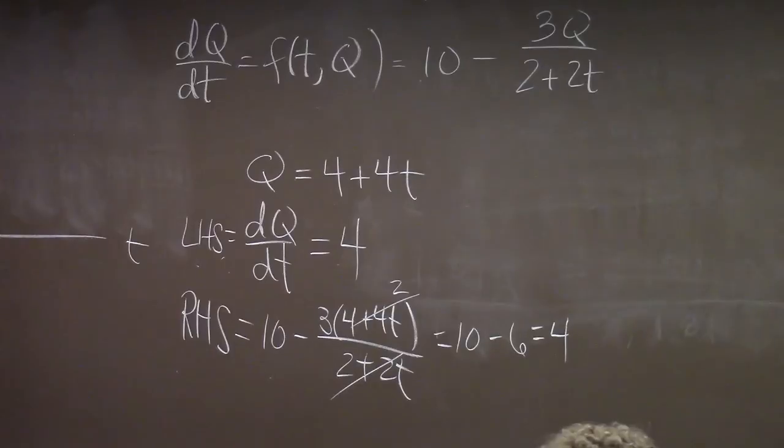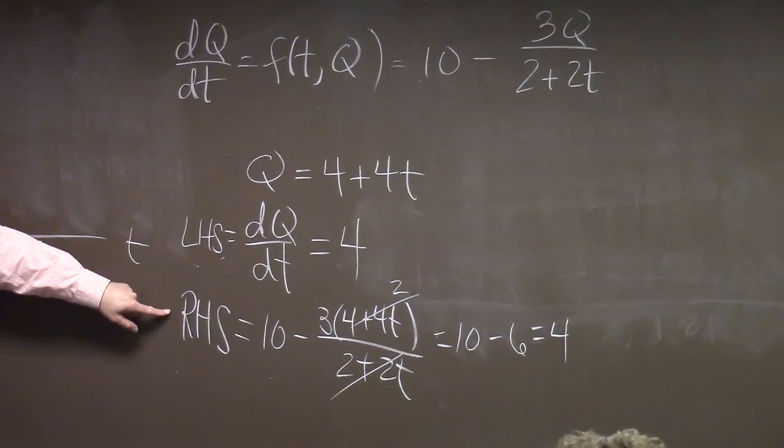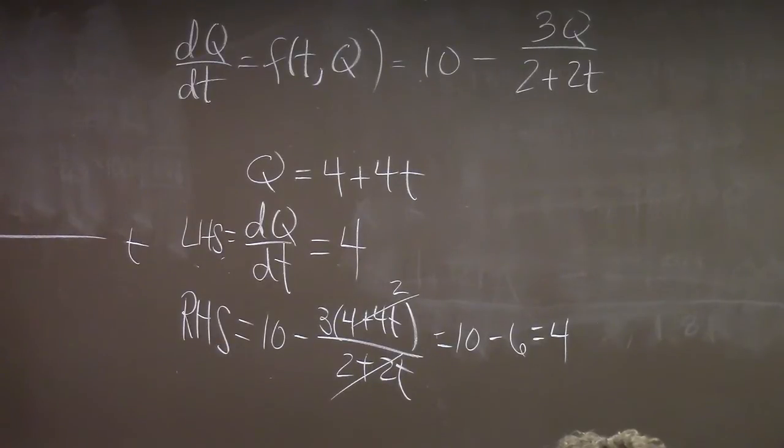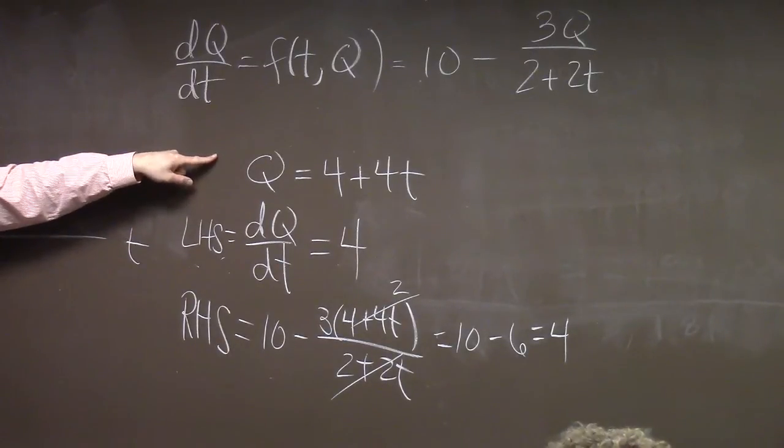That's true for all t as well, as long as you're not dividing by 0, which we're not when we're considering initial value problems where t is greater than or equal to 0. So for all allowed values in the domain of your solution, the left-hand side and the right-hand side do simplify to the same thing. That linear function is the solution of the differential equation.